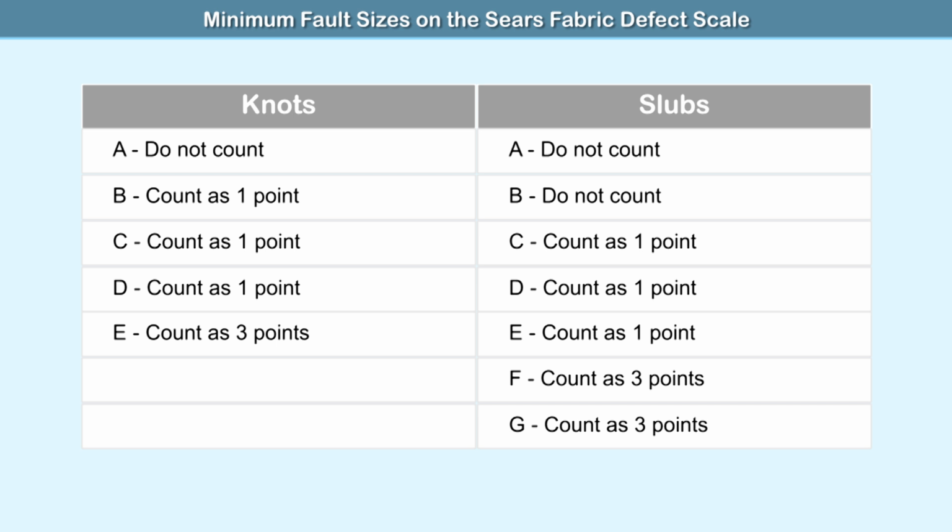Minimum fault sizes are shown on the Sears fabric defect scale. This can be seen on the screen as knots or slubs.